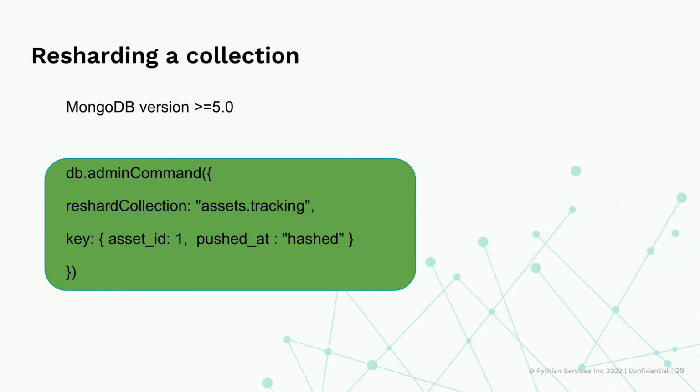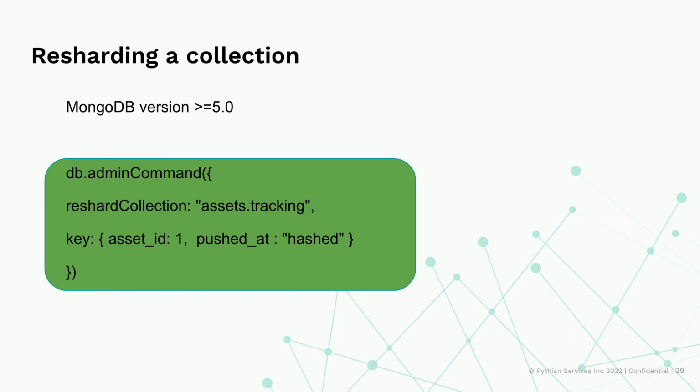Even starting with version 5, there is another improvement where you can reshard your entire collection by making a decision on a completely new shard key. So in this example, you can go with a shard key that is a combination of your asset ID, and you can go with a hashed index on the pushed at date time.